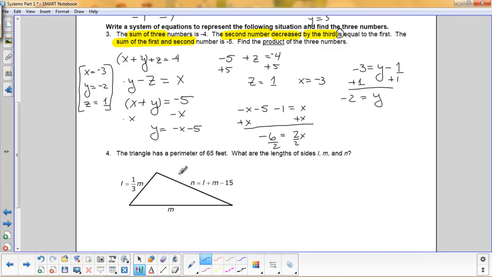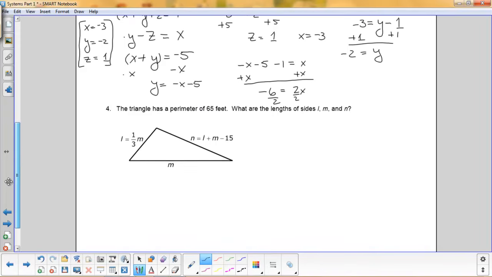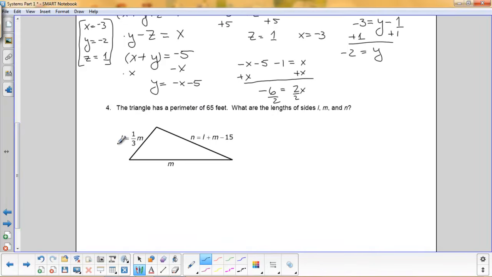All right. First things first, the triangle has a perimeter of 65 feet. That means that L plus N plus M equals 65. The next thing I'm going to do is take a look at each one of these individually.